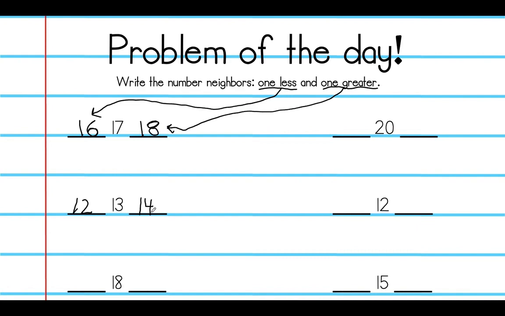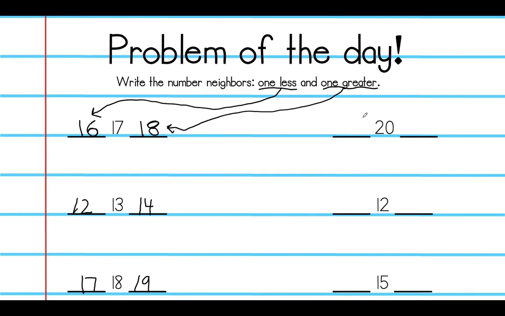And now coming down to 18, the number just before, 1 less than 18, say it out loud. If you said 17, that's correct. What's 1 greater than 18? Would be 19.